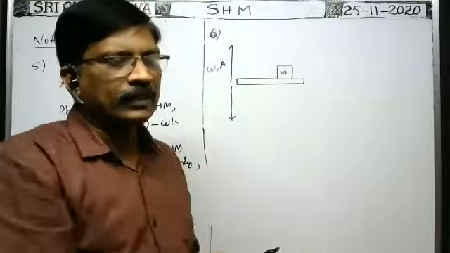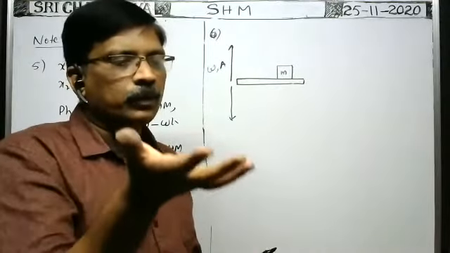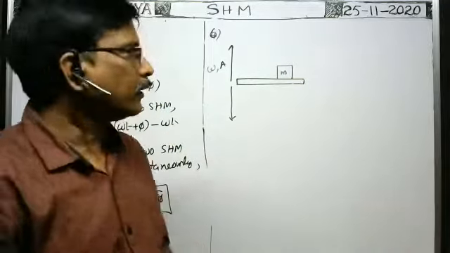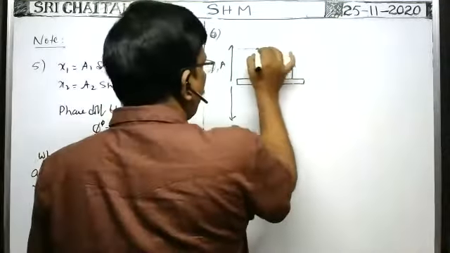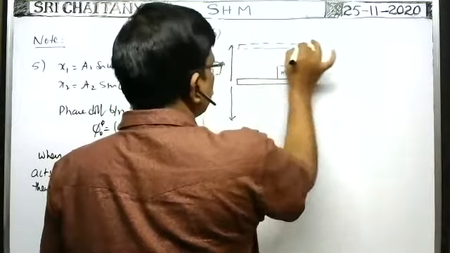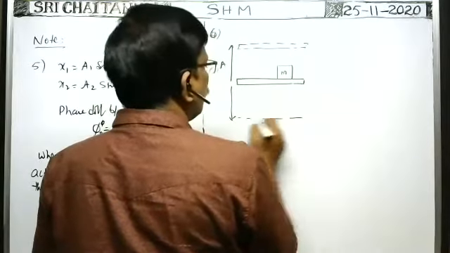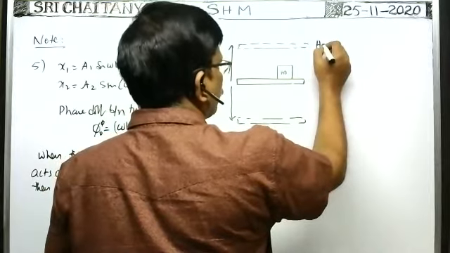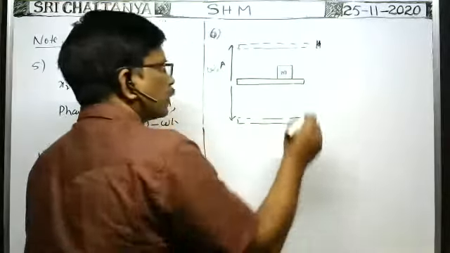While it is moving like this, at which extreme position is there a possibility for the block to lose contact with the platform? At the upper. Here is the lower extreme position, and it is the higher extreme position. Of course, it is the higher extreme position.